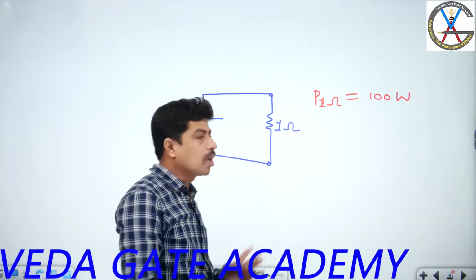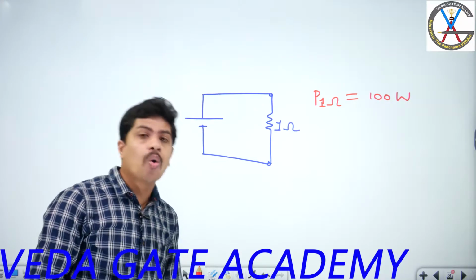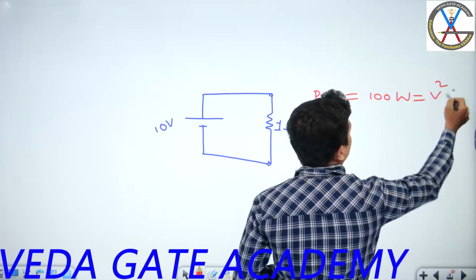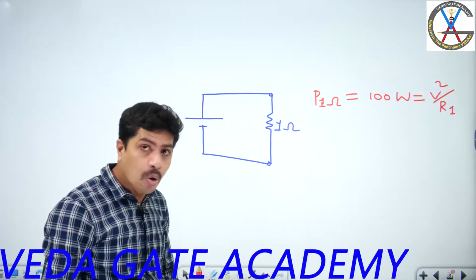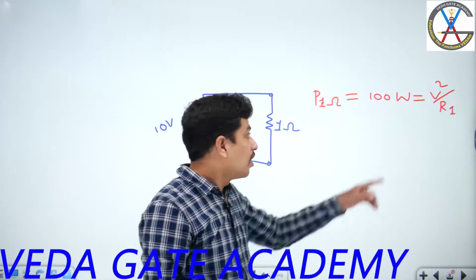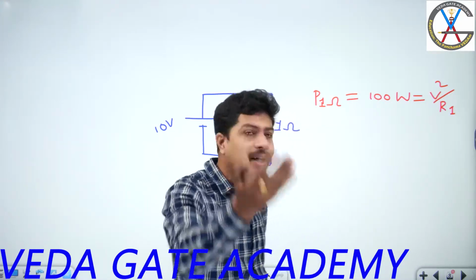100 by R, 1. Now, I am decreasing the load. Let's write here V square by R1. I am decreasing the load. Load is decreasing means it has to absorb less power. For the same voltage, for the power to decrease, resistance has to increase.